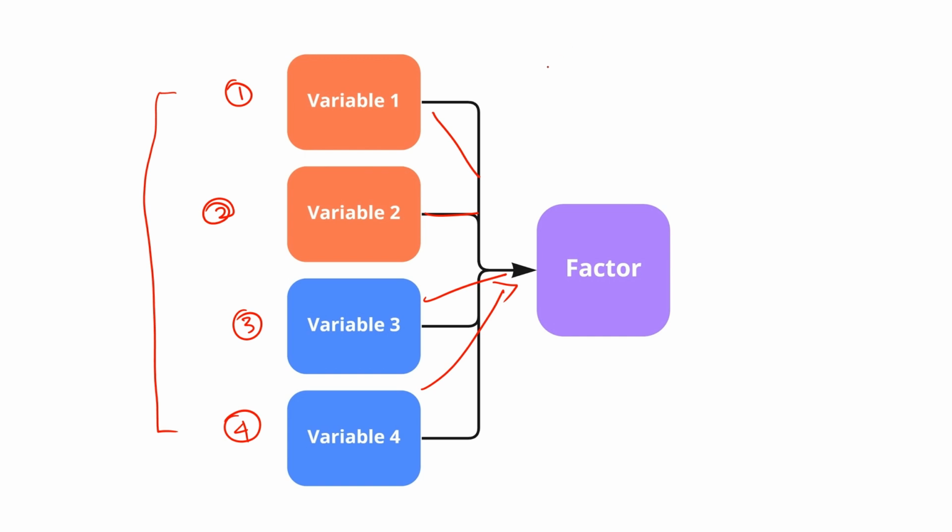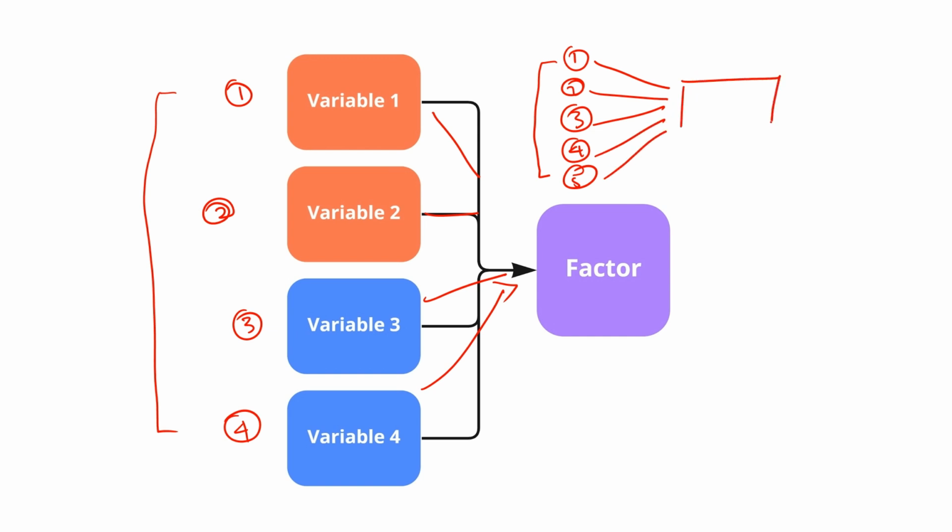Let's imagine we are constructing a tool and we have asked five questions related to depression: one, two, three, four, five. These five questions should be correlated to each other. Once we analyze this data in factor analysis, it will club them into one common factor.